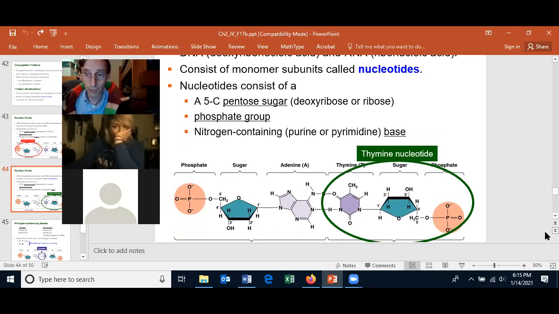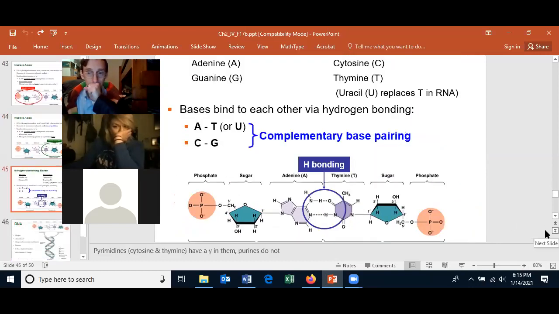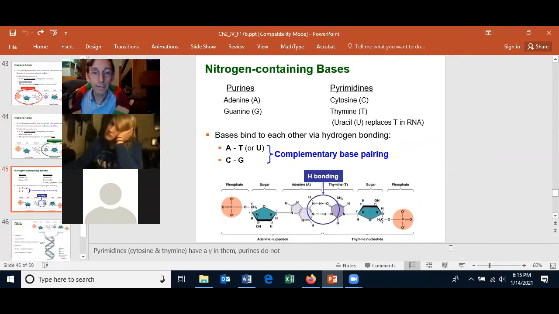We'll talk about that more later. The purines are adenine and guanine in DNA, and the purines have a two-ring structure. The pyrimidines in DNA are cytosine and thymine, and it's a one-ring structure.